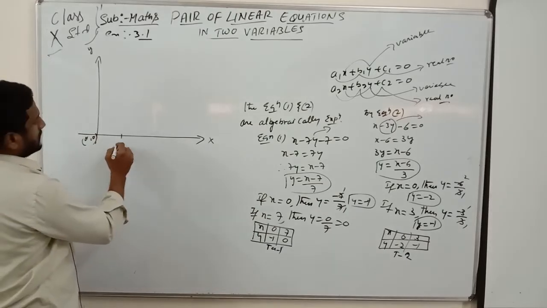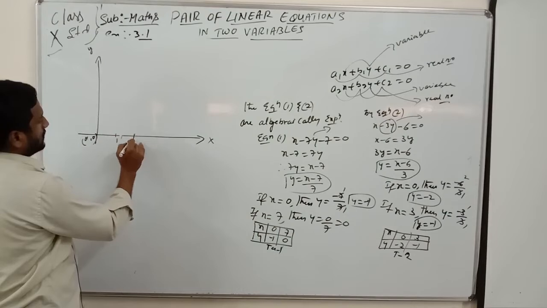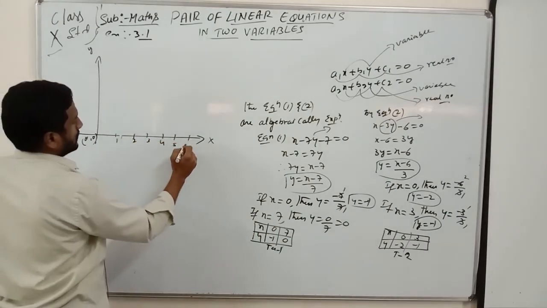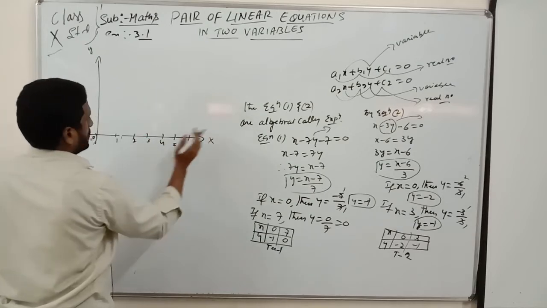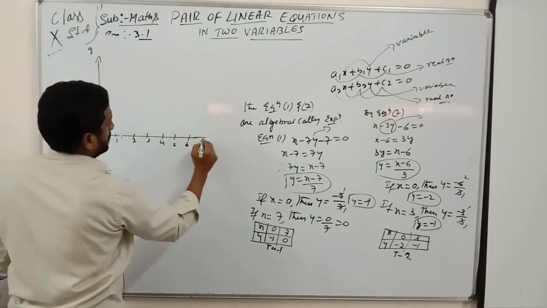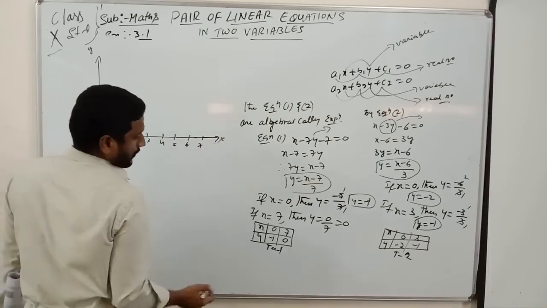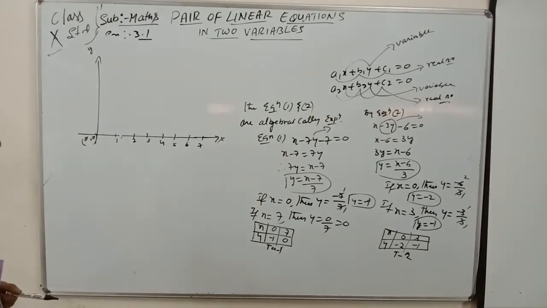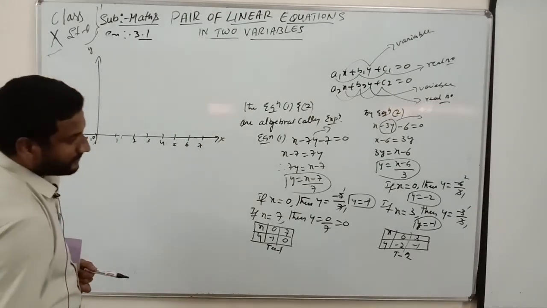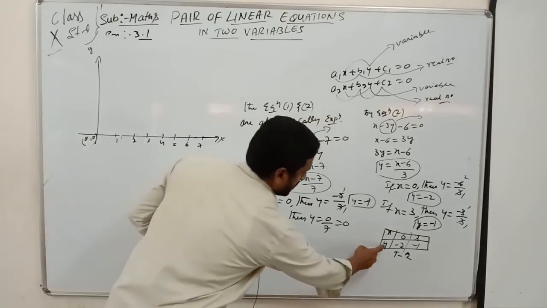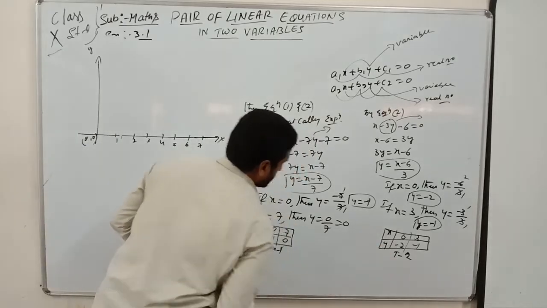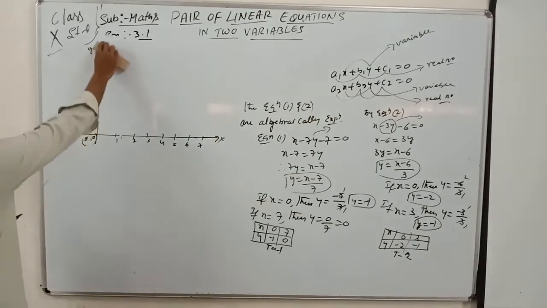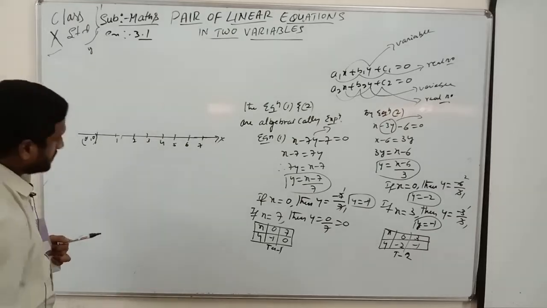You can take 1, 2, 3, 4, 5, 6, 7. For y value, there is no positive value, only negative numbers, and the least negative number is minus 2. So there is no positive at all here, and it is not necessary to draw it.